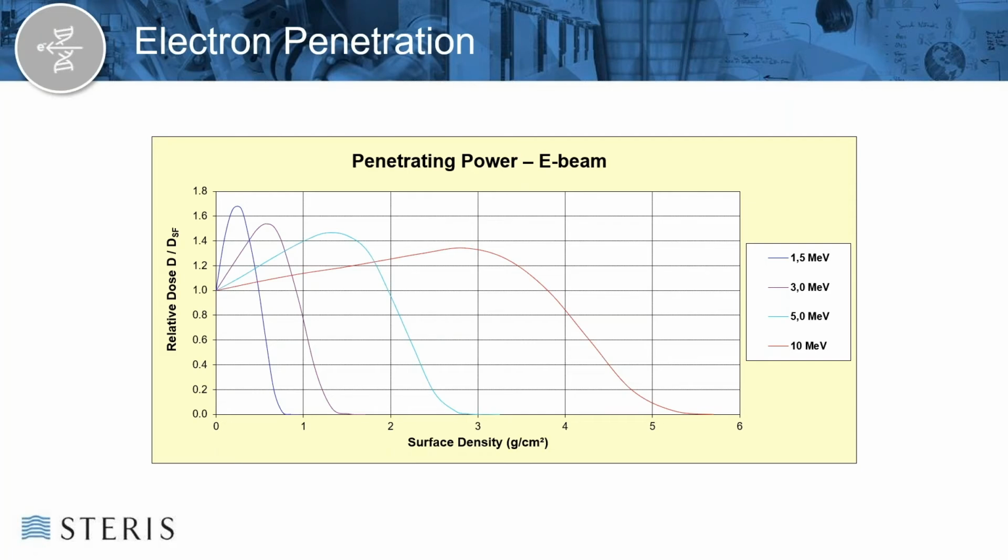The dose builds up with depth, and then at some point it peaks and it drops. And that's our continuous slowing down approximation range, that dropping area on the curve as it heads towards the x-axis there.